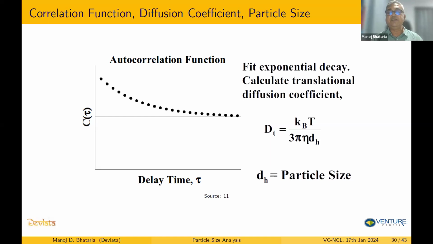So in this diffusion coefficient, the only unknown is Dh, and that is the particle size. The h in Dh signifies that it's a hydrodynamic diameter. Okay. So in this case, we measure the hydrodynamic diameter. In case of sedimentation, we measure the Stokes diameter.